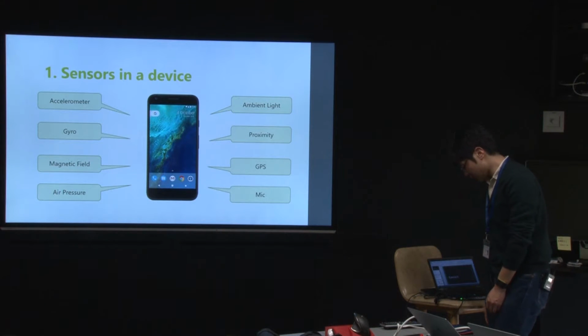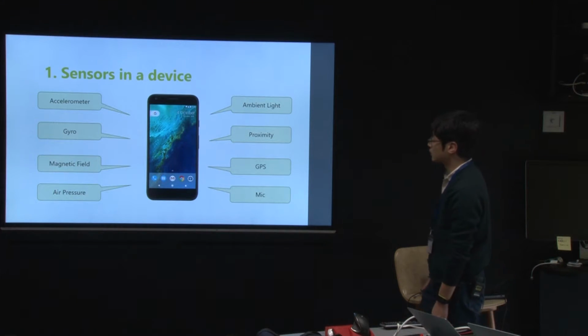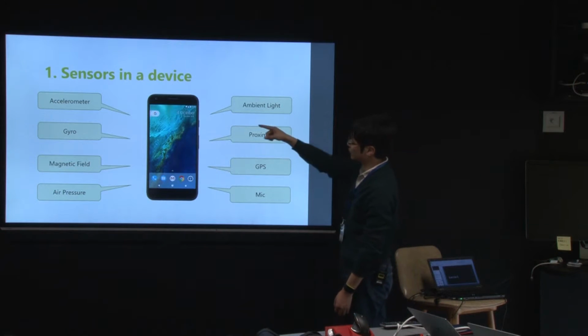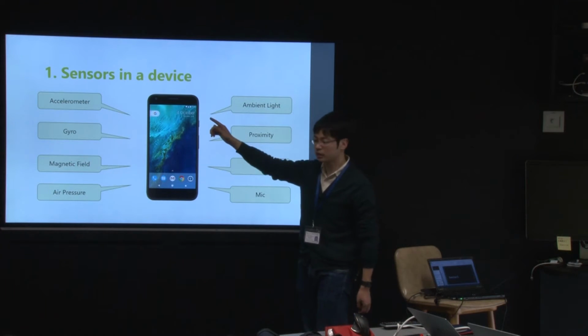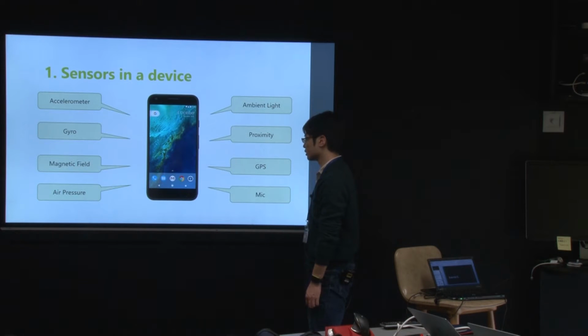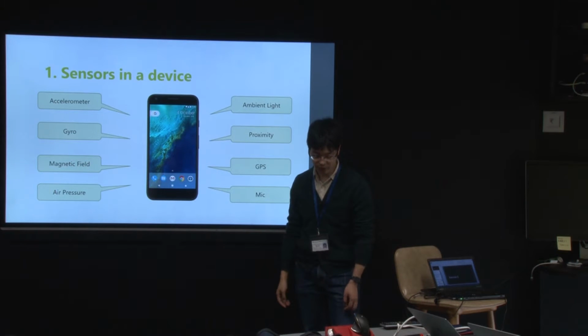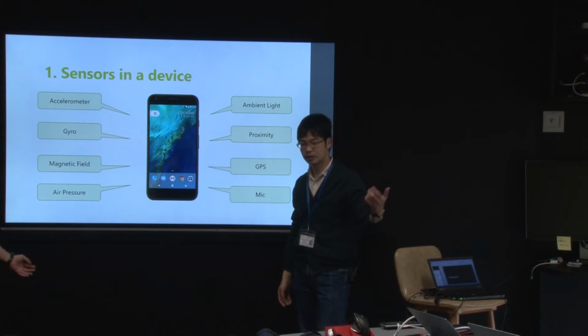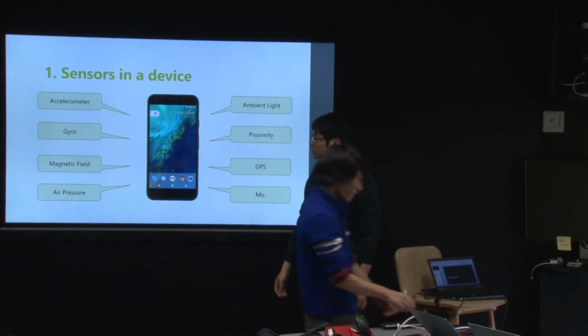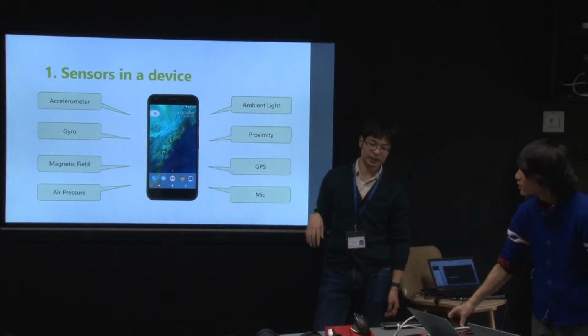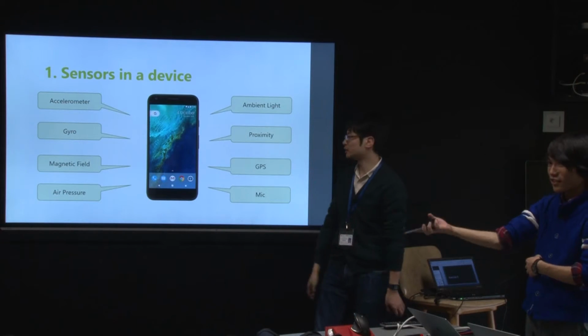Android has many sensors in the device. One device has sensors like the accelerometer, which is used to detect velocity or device orientation or something like that. The gyro sensor detects the rotation of the device.